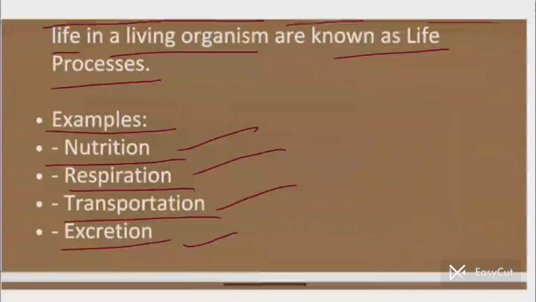So how many total types of life processes do you have to study in your class? Total 6 types. Here 4 are given. You have to cover 4 in this chapter, life processes, but the other 2 you have to cover in separate chapters. So: nutrition, respiration, transportation, excretion, control and coordination, and reproduction.